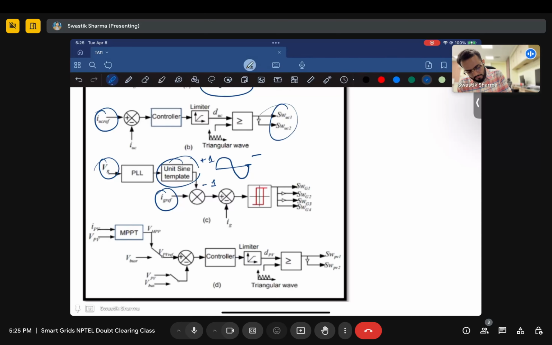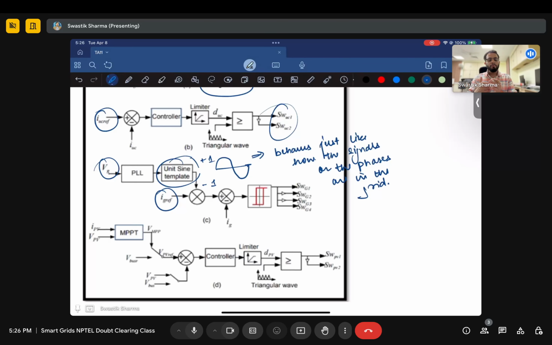So I'll just write in the grid. You want to make sure that you don't move out of phase from how your grid is behaving, right? And then you pass it to a reference.